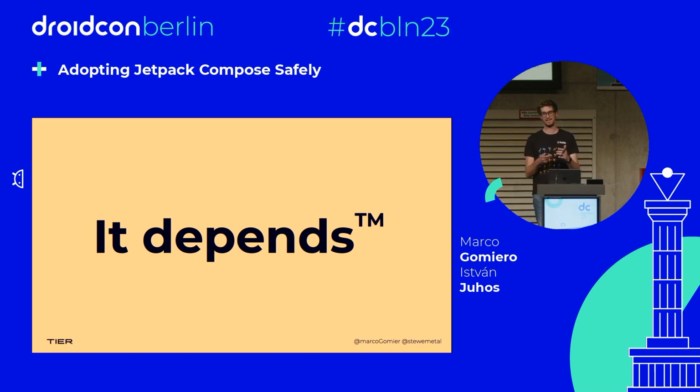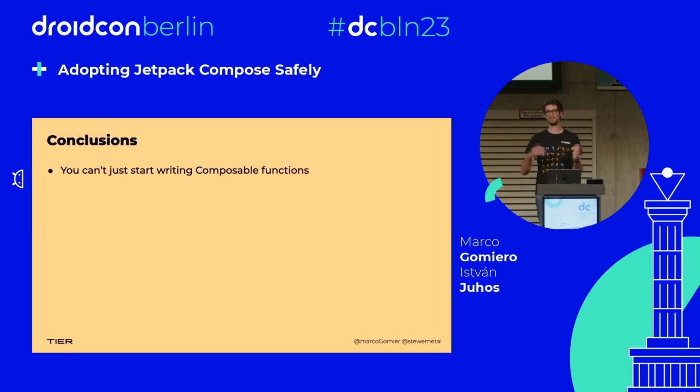So most likely, you won't just start writing composables right away and have everything work. Probably it works in smaller projects, but in bigger projects where there are already conventions, there is already old code and past code, you need to probably adapt and do some prior work in order to go with Compose.